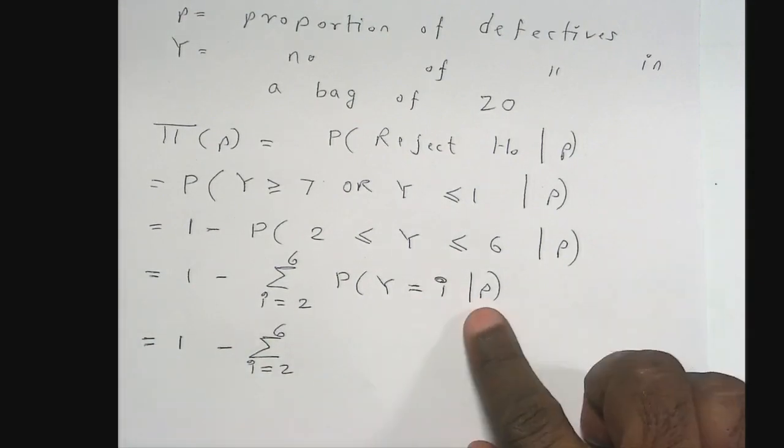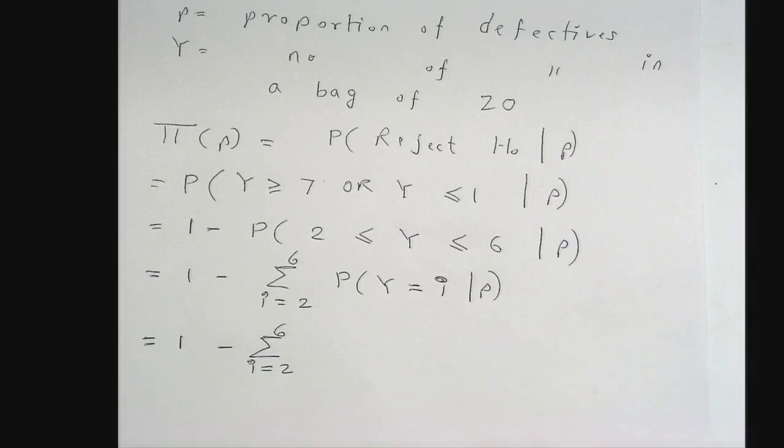Now, can you tell me about the distribution of Y? Remember, Y represents the number of defectives in a bag of 20. You have 20 items in a bag. Some of them are defective, some of them are not defective. And Y is the number of defectives. So what distribution will it have? Binomial, yeah, exactly.